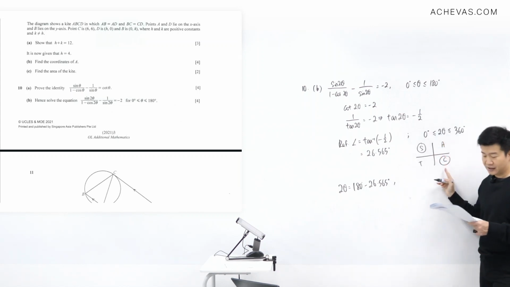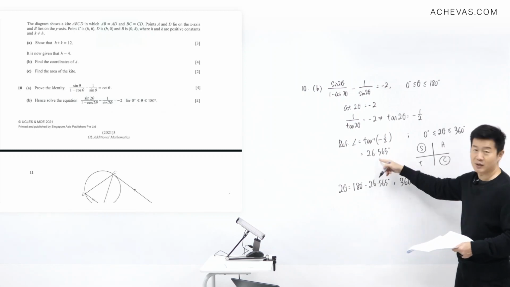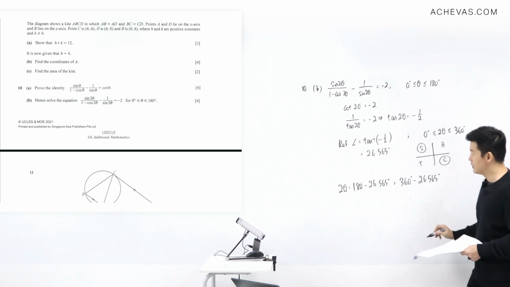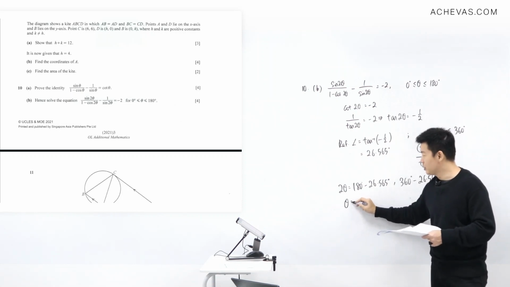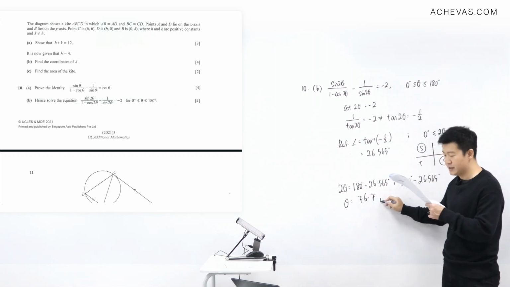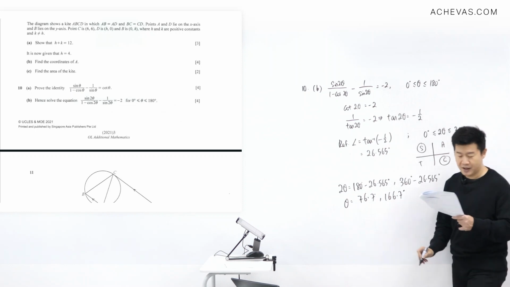Or if in the fourth quadrant, it is going to be 360 degrees minus the reference angle, which is 26.565 degrees. Based on this, we will be able to work out two values for theta, and they are 76.7 degrees, and the other one is 166.7 degrees.